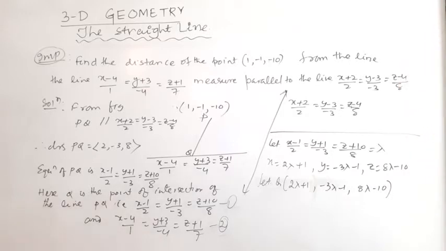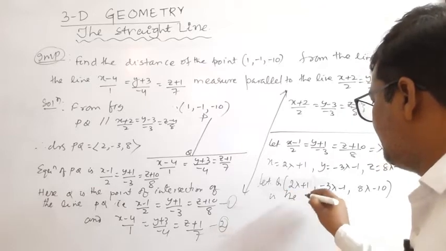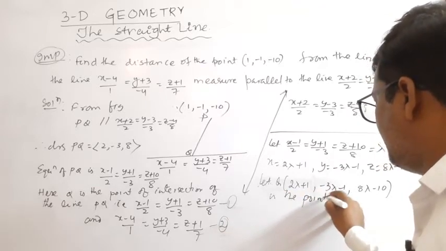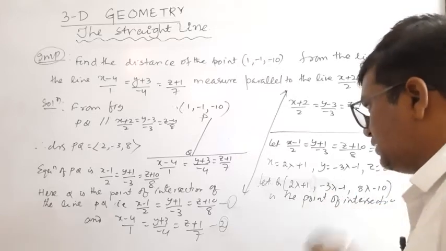Q is the point of intersection. Suppose Q is the point of intersection.